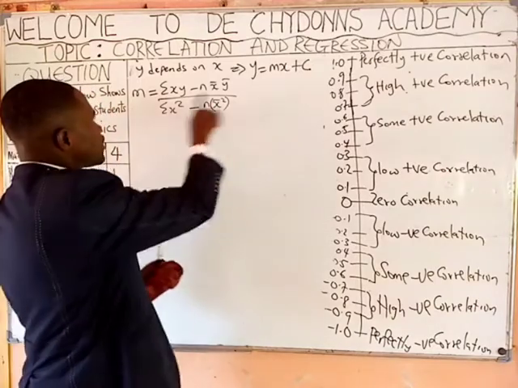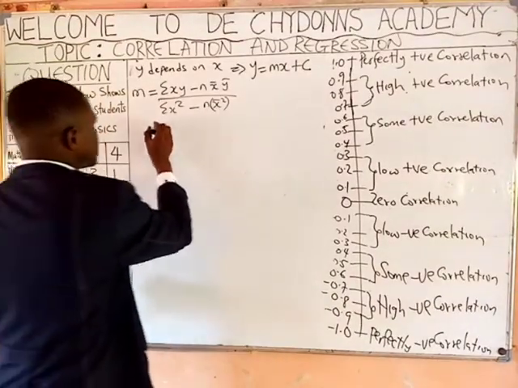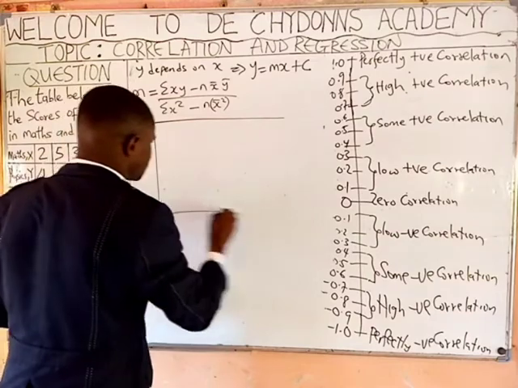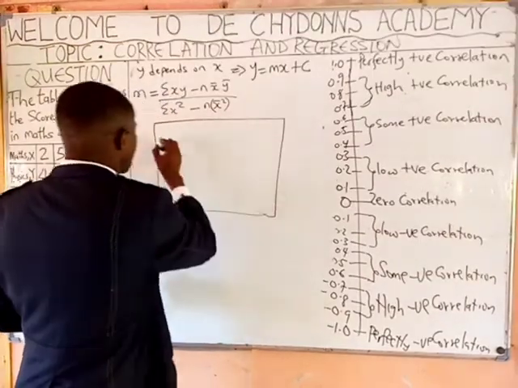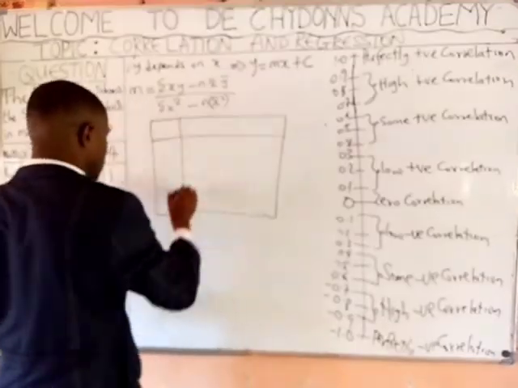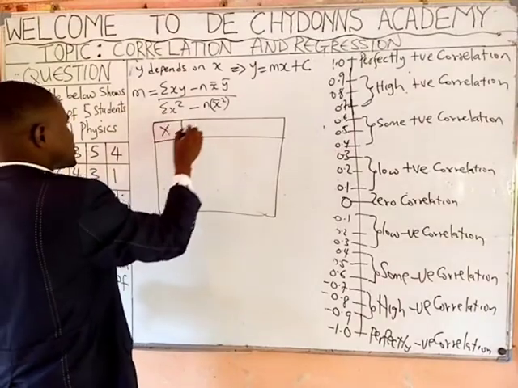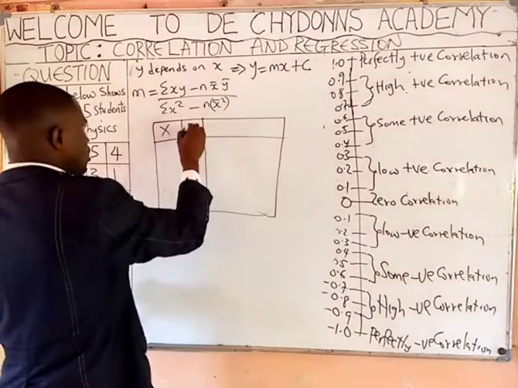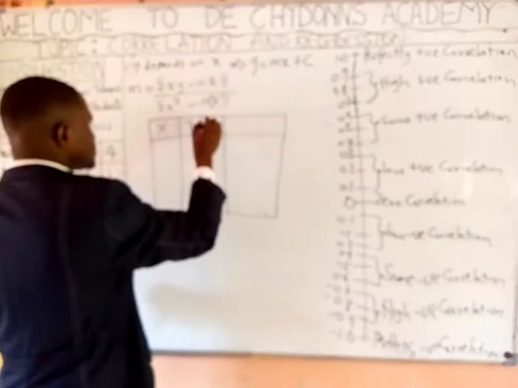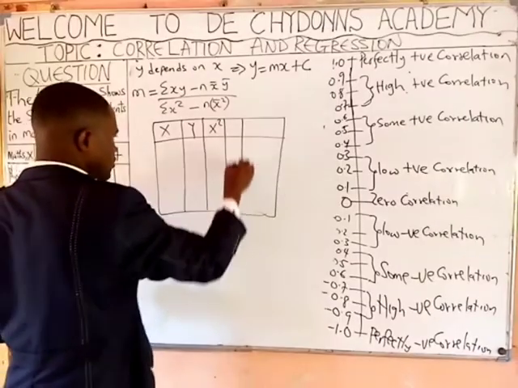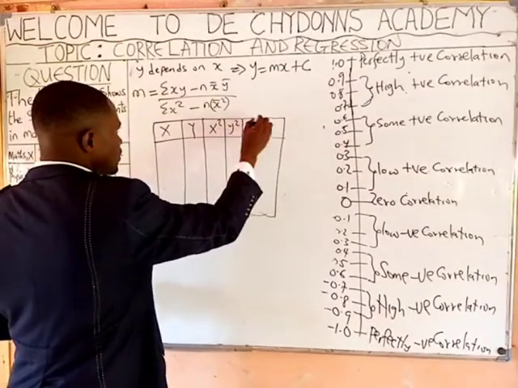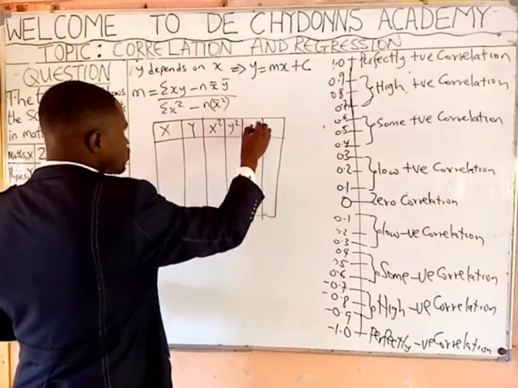Now, how do we get all these parameters? Let's draw our table. This is your x, this is your y, this is your x squared, this is your y squared, this is your xy.